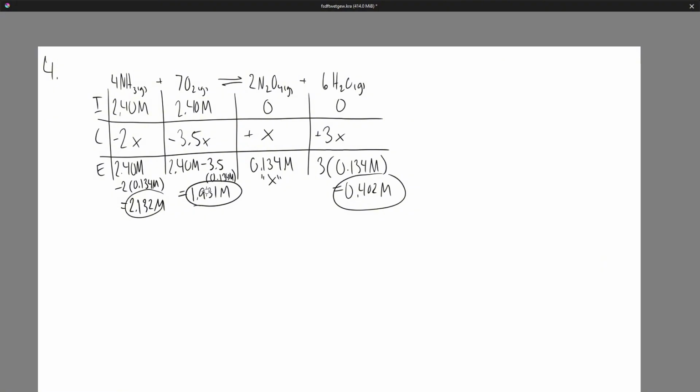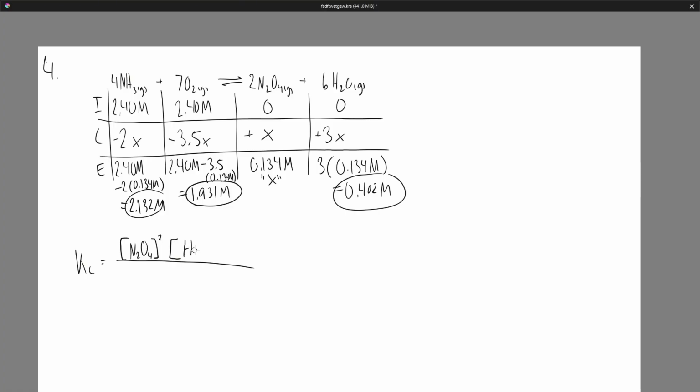So now to find the Kc. Remember, Kc is the concentration of the products raised to the respective exponent. So our first product is N2O4, and the coefficient is 2. We bring that down and square it.